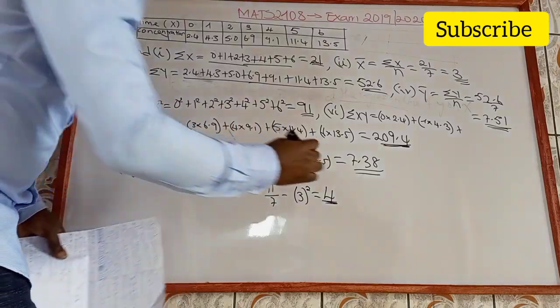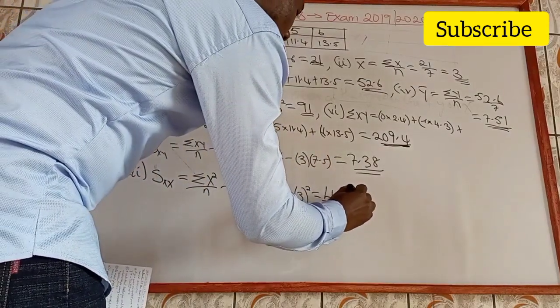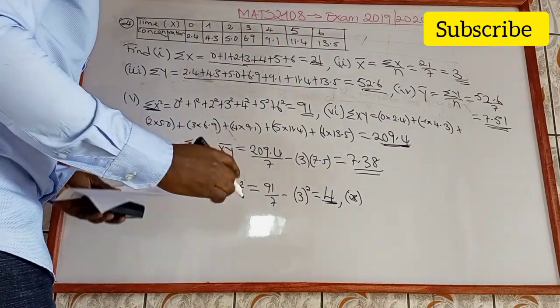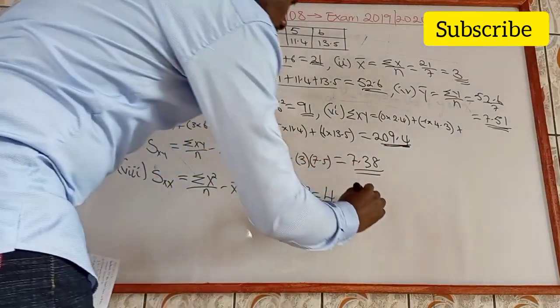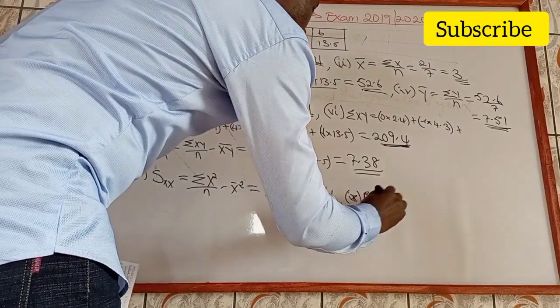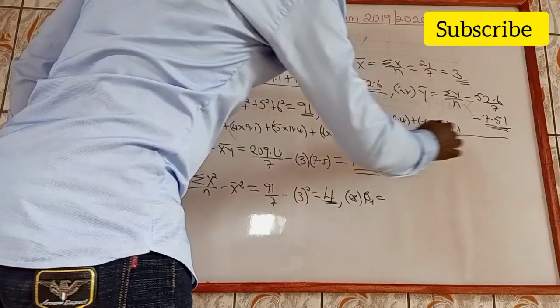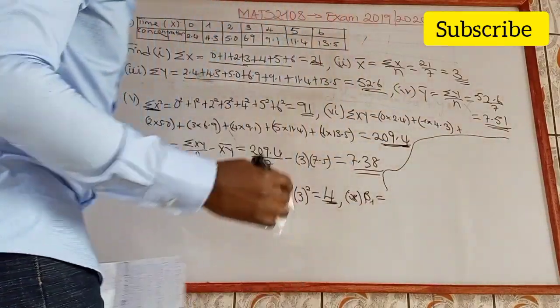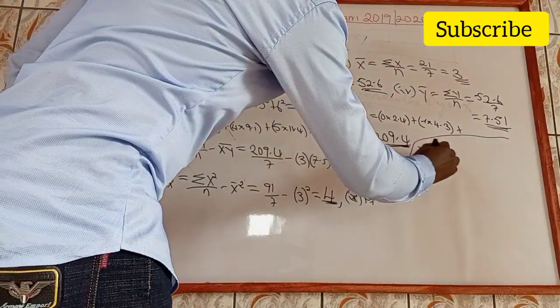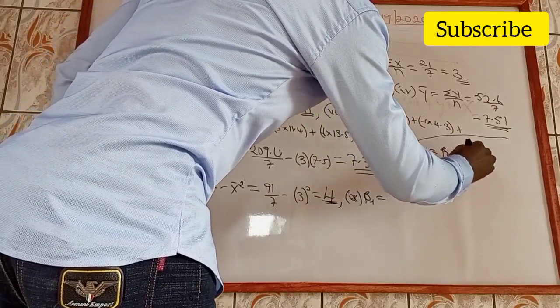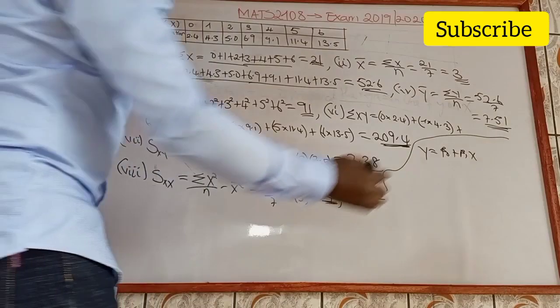The next part, Roman 9, says that we should calculate B1. B1 is coming from the equation of the regression line, that is y equal to b naught plus b1 x. How should we calculate this?